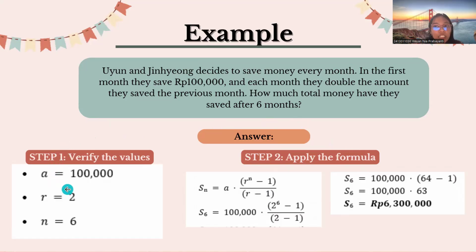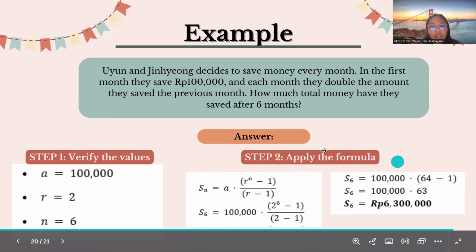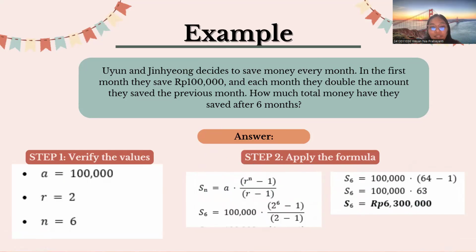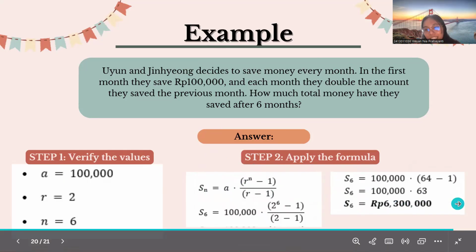A is 100, R is 2 because they keep doubling it, and N is 6. We apply the geometric series formula, and we get that after 6 months, Uyun and Jin will have saved a total of 6,300 rupiah.